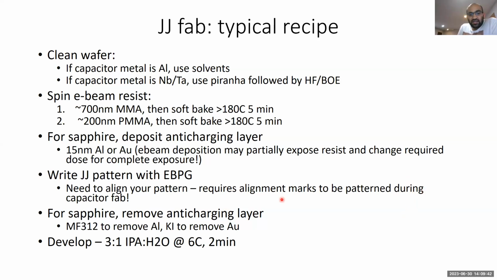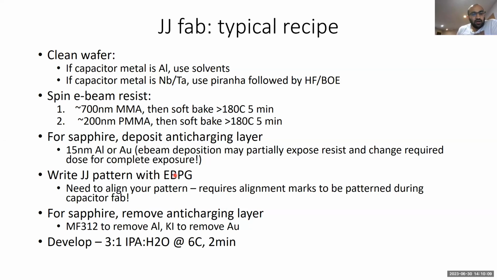So usually these take the form of small squares. Of course, the exact type of alignment mark to use is going to be specific to what's programmed in your EBPG. So for us, our alignment marks are 20 micron by 20 micron squares that we have on the corners of our wafer that we locate in our EBPG, and we perform an alignment sequence.